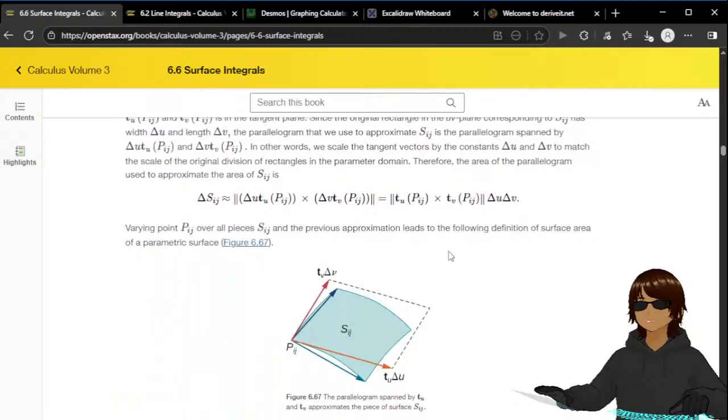I know why t_v and t_u are used, because they point in the direction of where the grid line is going, right?